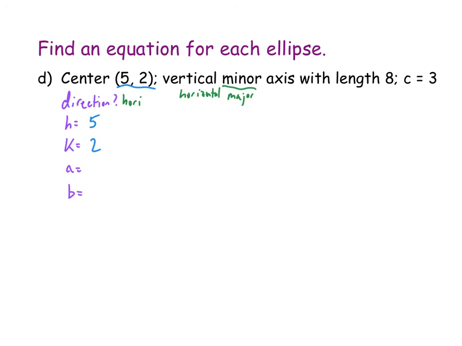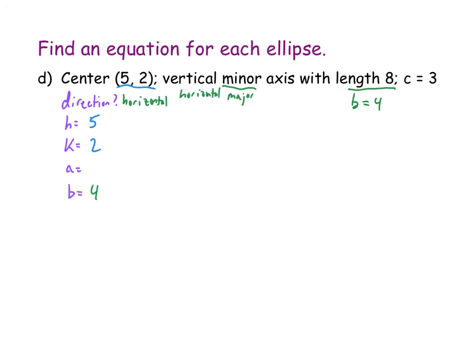So we know that. Now they also tell us the length of the minor axis is 8. Well, that doesn't tell us B. So that means B equals 4.